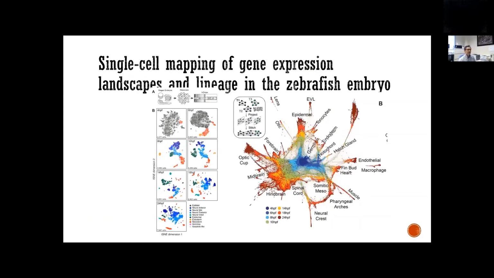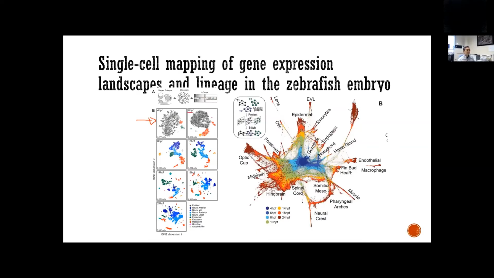This is another example, studying the dynamics of cell development from the very beginning of fertilization. They used zebrafish. After 4 hours of fertilization, they sequenced individual cells in this embryo sample from zebrafish.